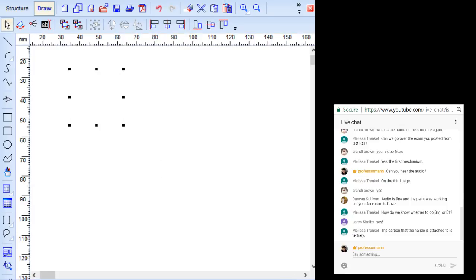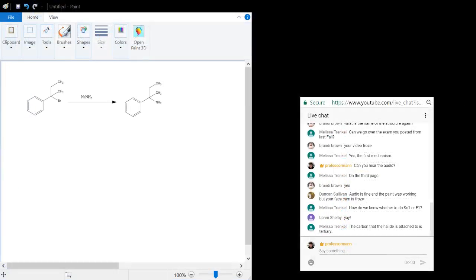I wonder if it'll come up in Paint. Okay, guess I can use it on there. So Paint is going to be the way to go for this. Let me switch back over. Okay. Can I get some confirmation that you can see that okay?